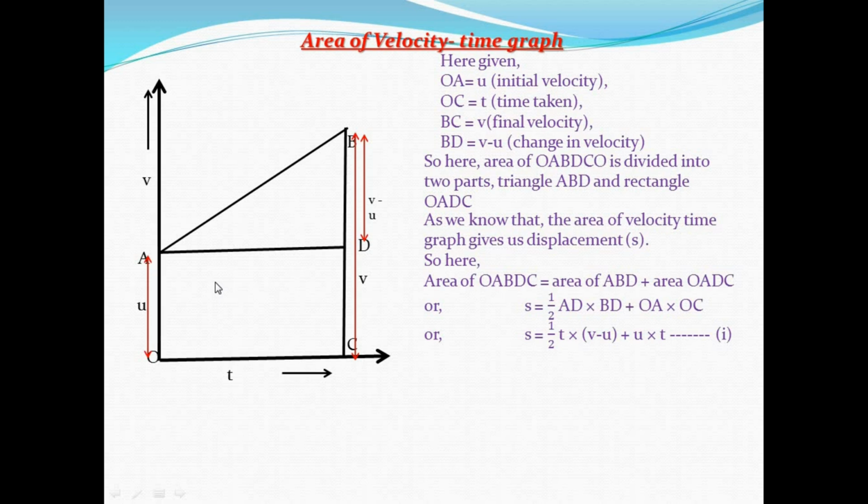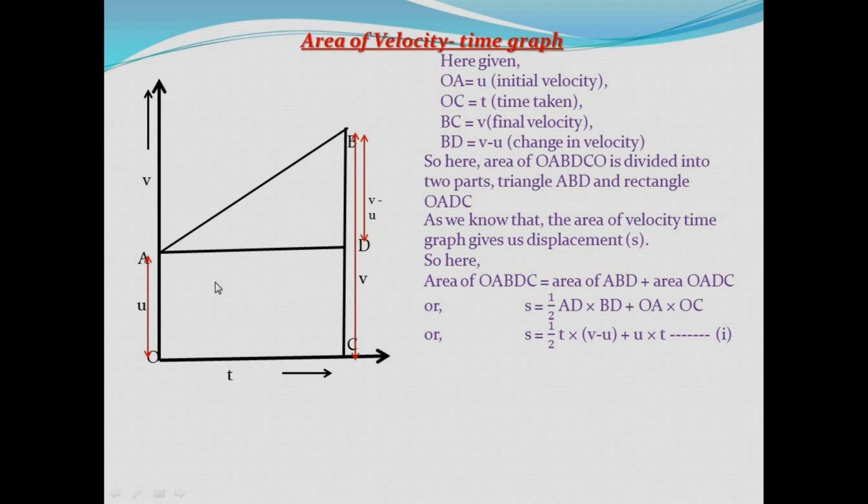As we know that the area of a velocity time graph gives us displacement, so we can say that the area of OABDCO is equal to area of ABD plus area of OADC, or it can be written as s equals half AD multiplied by BD plus OA multiplied by OC.